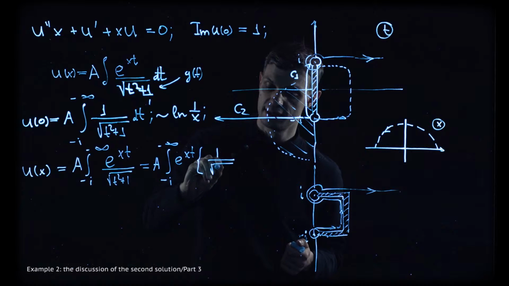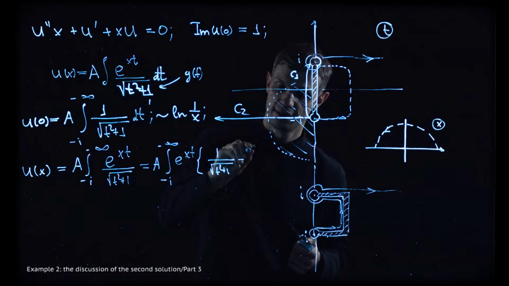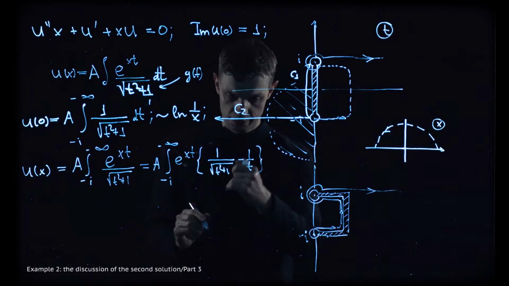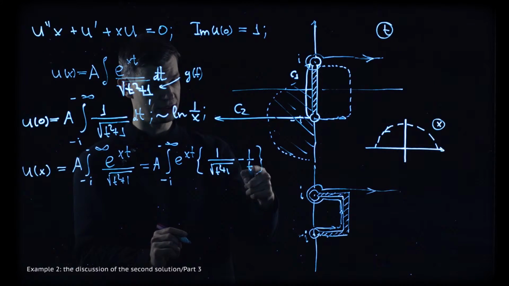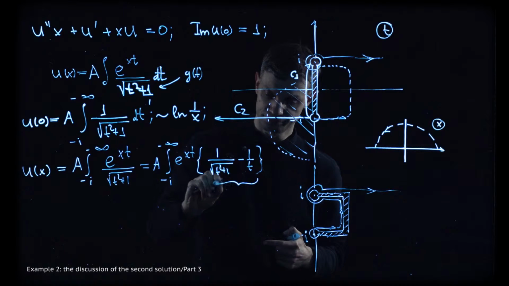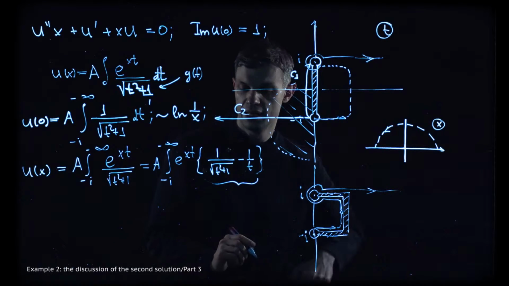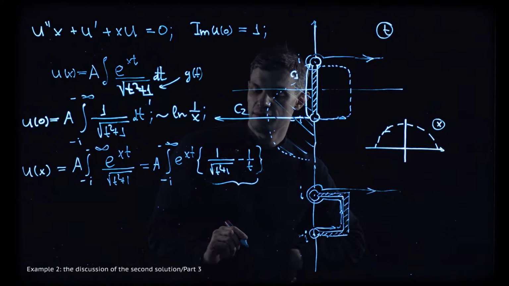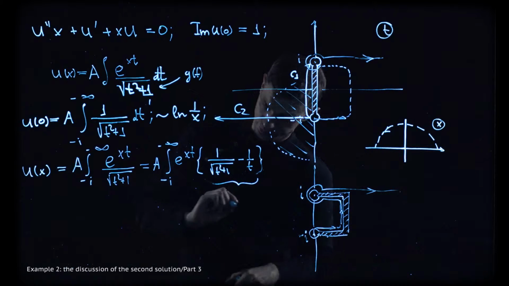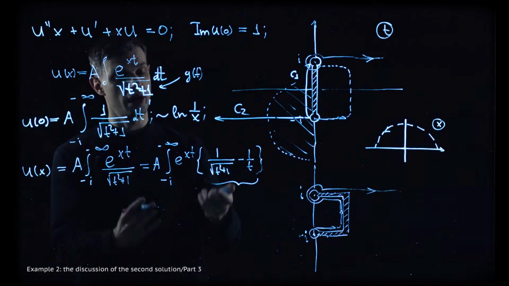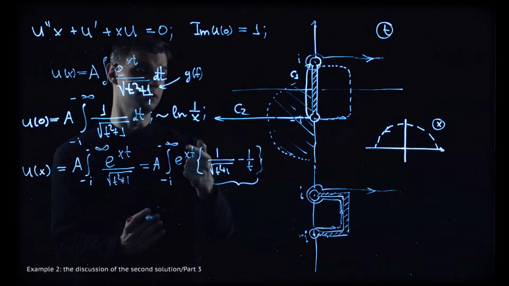We subtract this simplified function 1 over t from the initial one. And now this factor converges much faster than 1 over t. Basically, it converges like 1 over t cubed, I think. So this expression is now well defined when x tends to 0.